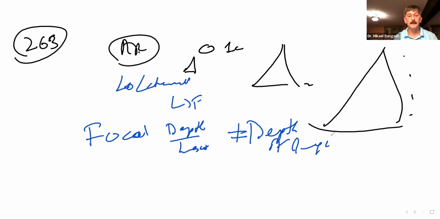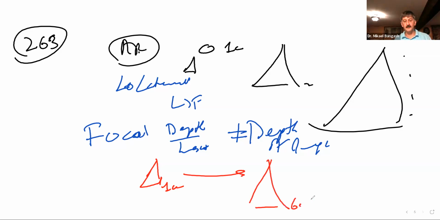Clear? Depth of image may change if you, for instance, go from an image depth of 1 centimeter to, let's say, 6 centimeters. That's where we change the depth of image.